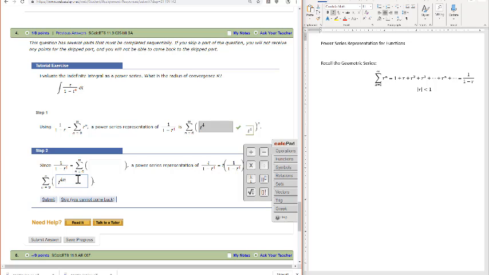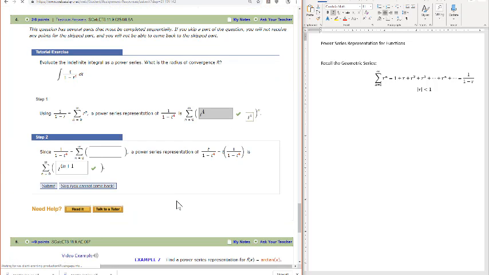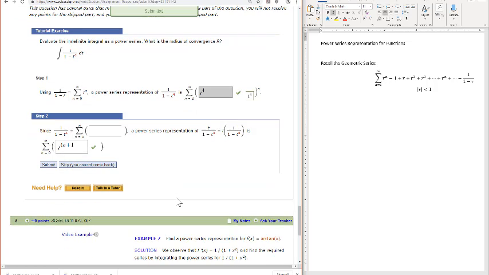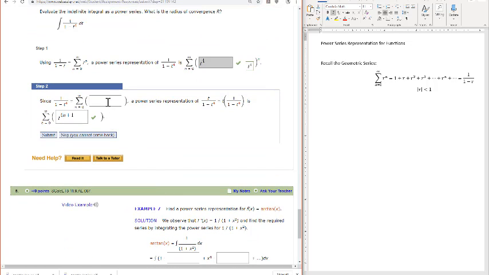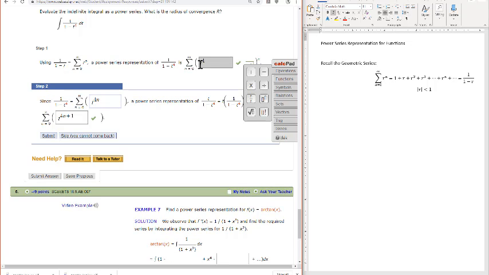That's equivalent to t to the 4n plus 1 in the power, because when you're multiplying with the same base, it's the same as adding the powers. So we have t to the 4n, and then we have t to the 4n plus 1.